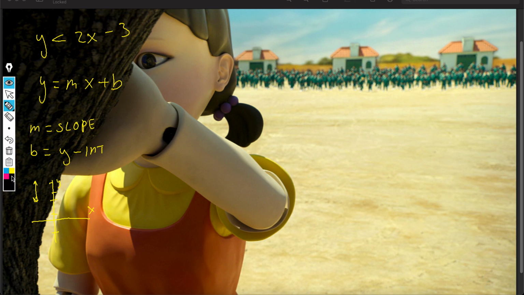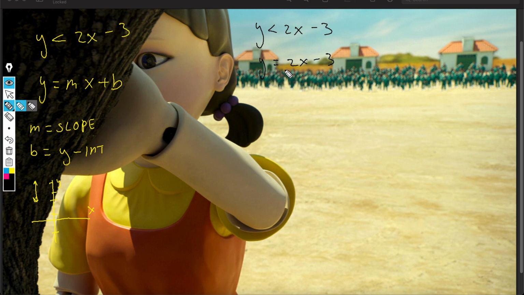So let's take a quick look at this. The first thing I like to do is, we got y is less than 2x minus 3. I just change it all to y equals 2x minus 3. And remember really quick, y and x are just random points. Those are not important. The real important ones are the m and the b.